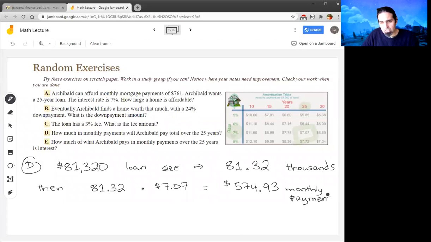That's not what the problem asks, though. It asks, how much will he pay over all 25 years? So we need to take the 574.93. That's each check he writes. We're going to multiply it by 12 months, because each year he's going to write 12 checks. And we're going to multiply it by 25 years, because that was his loan size.